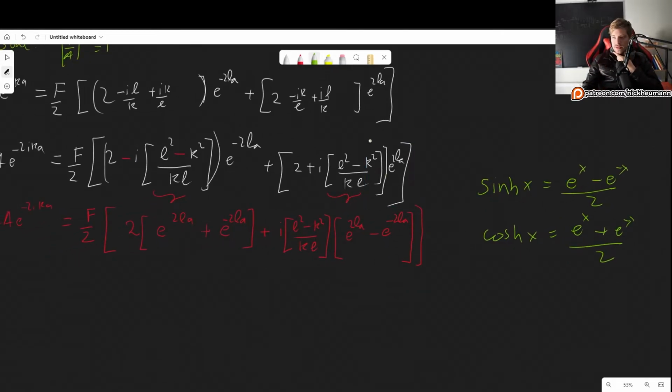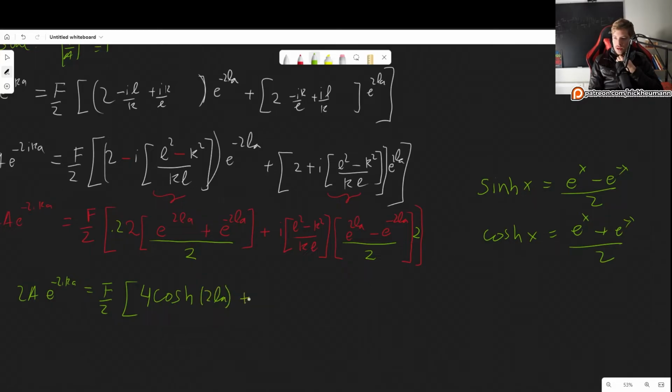So looking at this, we can rewrite this as this over 2, but of course we need to multiply by 2 to compensate. And same here, so we divide by 2 and multiply by 2 so that we are not doing anything illegal. By doing that, we have 2a e to the minus 2iKa equal to f over 2 times 4, and this thing is the hyperbolic cosine of 2La.